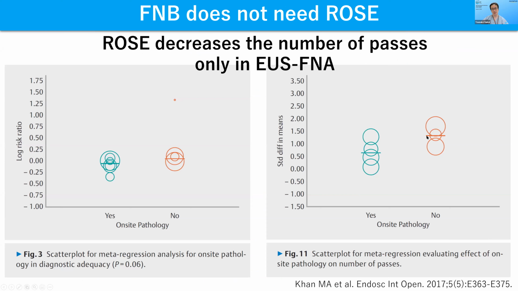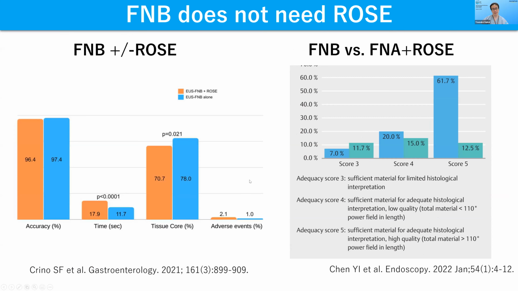As you can see, if you use ROSE, the number of passes decreases in the FNA group, but in the FNB group, the number of passes was similar. So if you choose an EUS-FNB needle, you may not need rapid on-site evaluation.